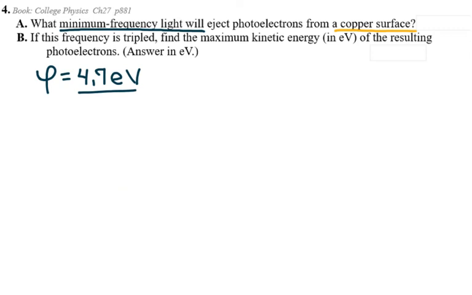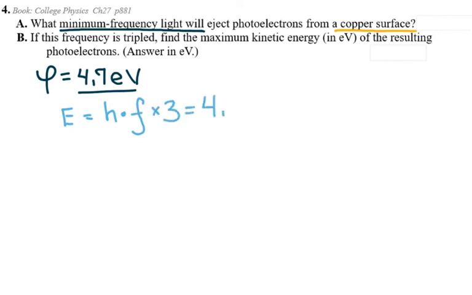And then they say, if the frequency was tripled, what would happen to the maximum kinetic energy of the electrons? So I'm going to calculate the energy of the photons if the frequency is tripled. That will be equal to Planck's constant times the frequency that I found, but now it's going to be 3 times as big.